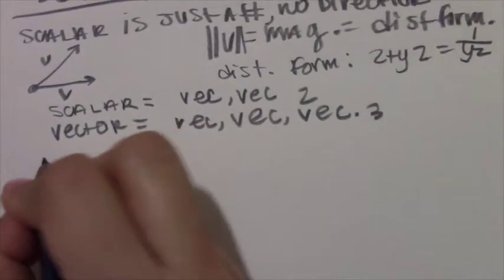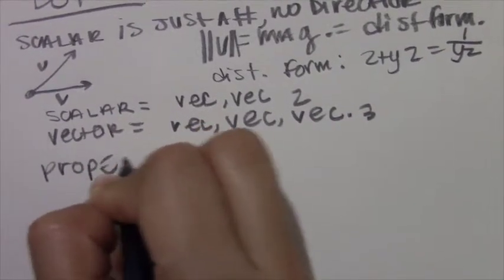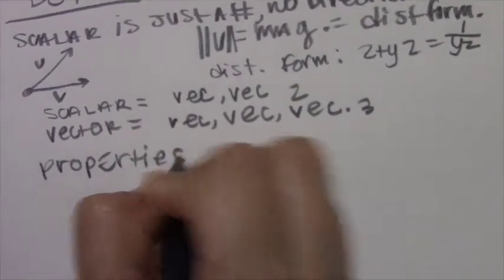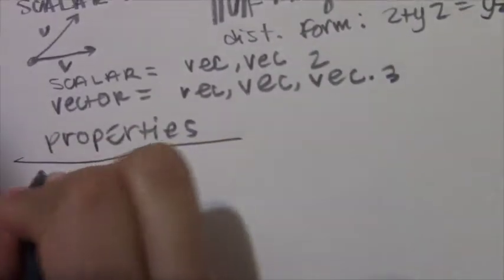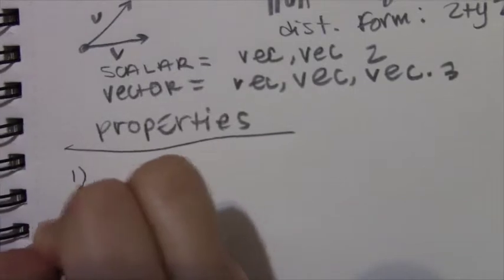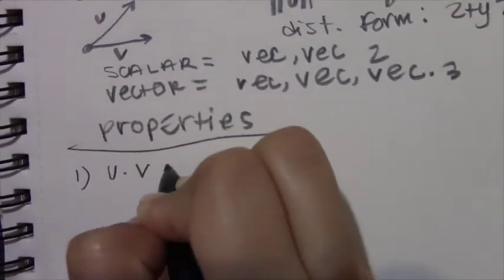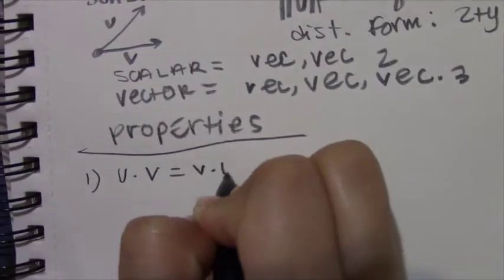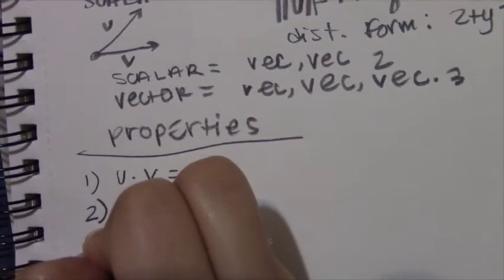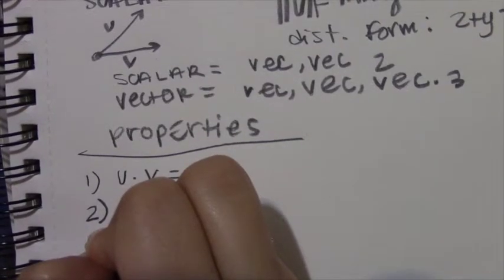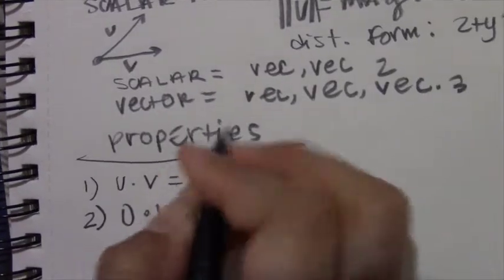And you need properties to figure it out, which are, number 1, U times V equals V times U. Number 2 is U times V equals that.